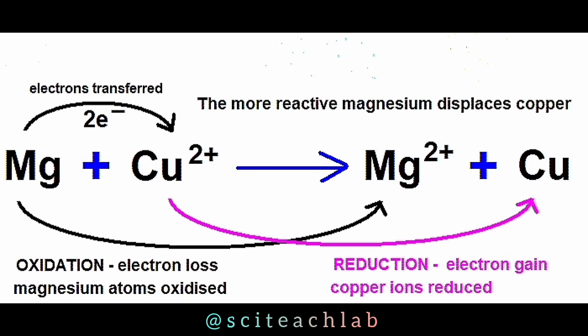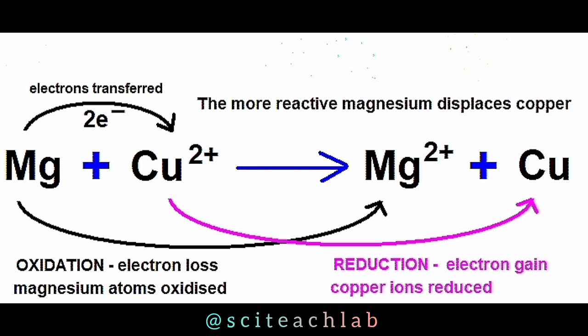Let me give an example. We have Cu2+ plus Mg to yield Cu plus Mg2+. On the left hand side it was Cu2+ and Mg. On the right hand side the Cu2+ becomes Cu, no 2+ again. What happened? The 2+ left. That means it gained electrons. 2+ is positive.